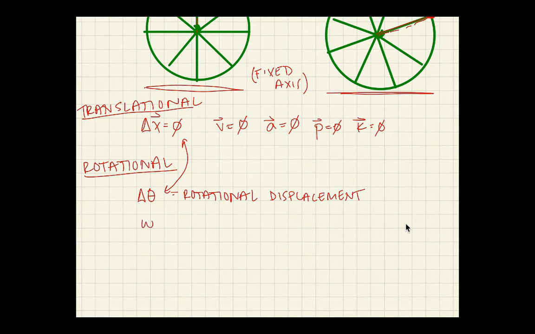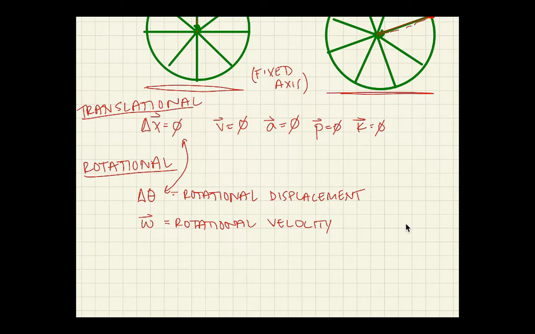So there's a rotational analog that is omega, a lowercase omega, and that would be rotational velocity. Note, this is not a W, it's an omega. Note that these are also referred to as, instead of rotational, they could also be referred to as angular.